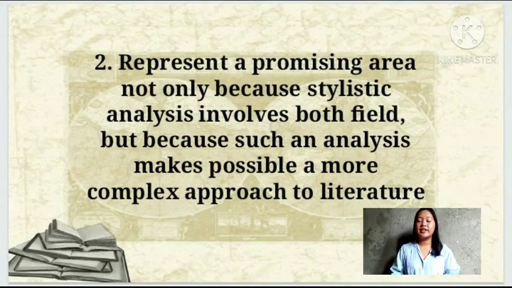The number 2 characteristic is it represents a promising area not only because stylistic analysis involves both fields, but because such an analysis makes possible a more complex approach to literature. In this approach, critics have comprehensive methodology as well as disciplined tools for investigating a literary text.